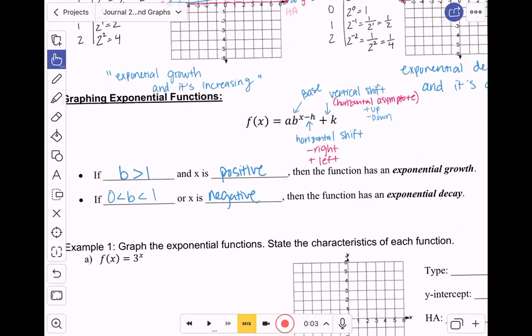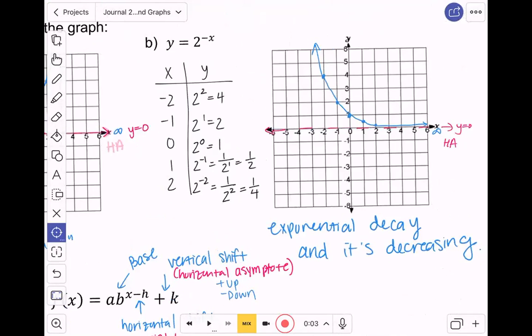I want you to notice with this one here, your base is 2, so it's still bigger than 1, but notice how your x here is negative. And so with that negative x being there, it's causing it to decay over time.